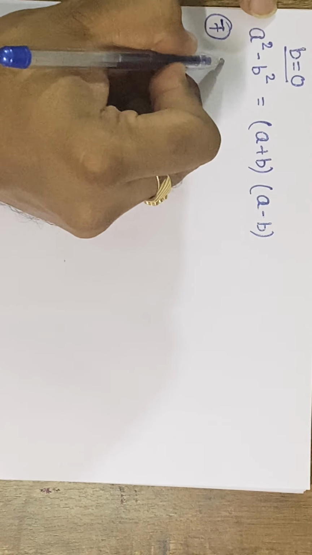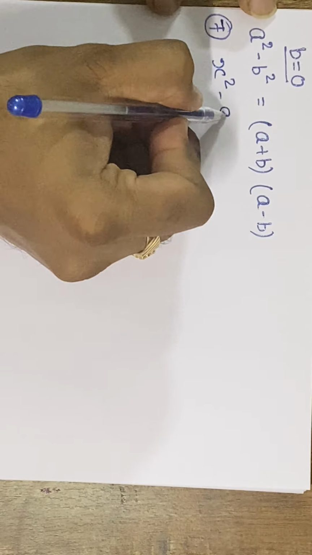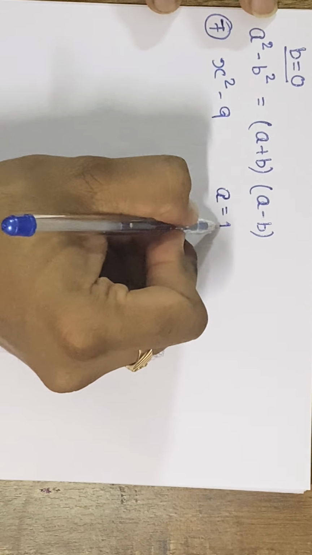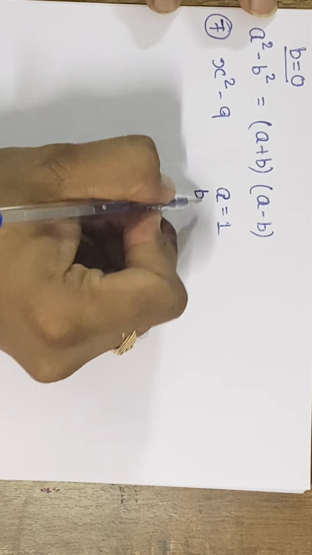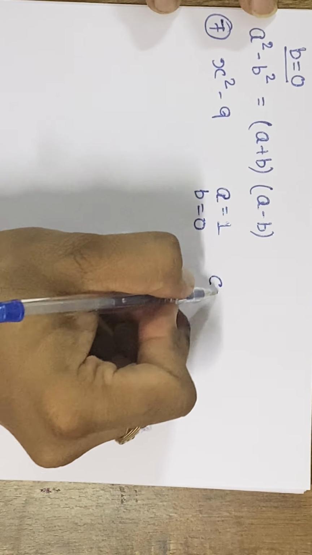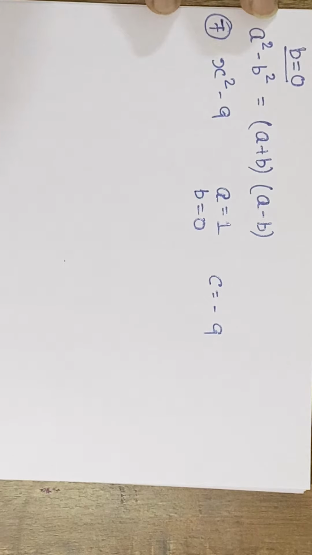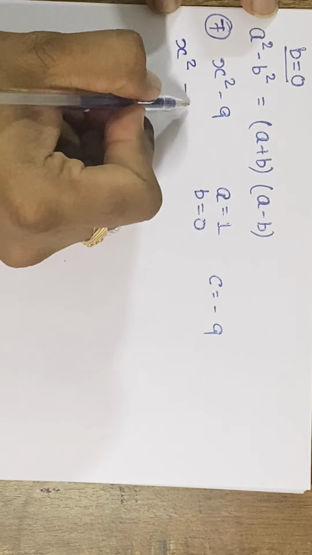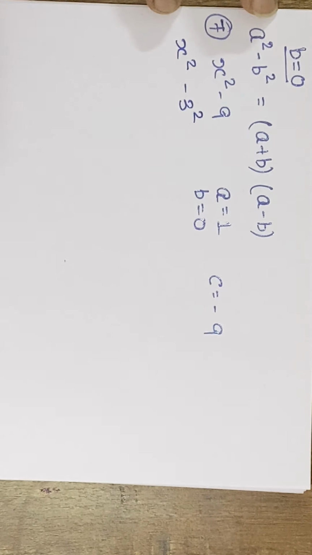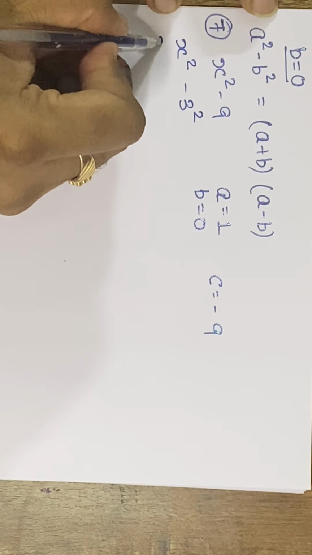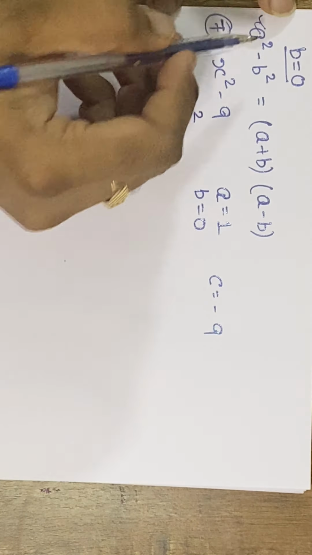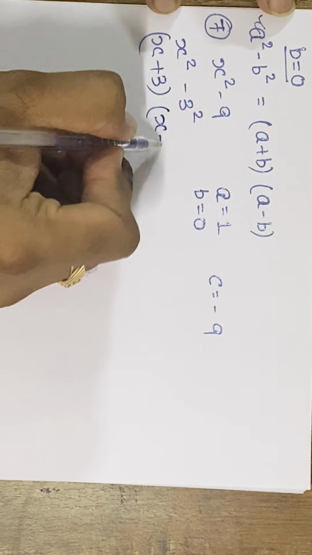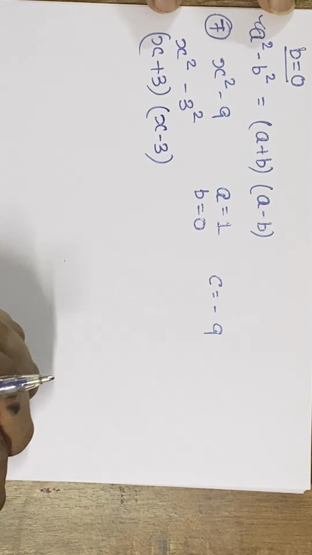Suppose I am saying x square minus 9. Here I can say that this is a quadratic equation with A as 1, B as 0 and C as minus 9. I know 9 is a magical number, which is the square of 3. So I can write this as x square minus 3 square. And using the above formula, I can write this as a plus b, which is x plus 3, and x minus 3. That's all.